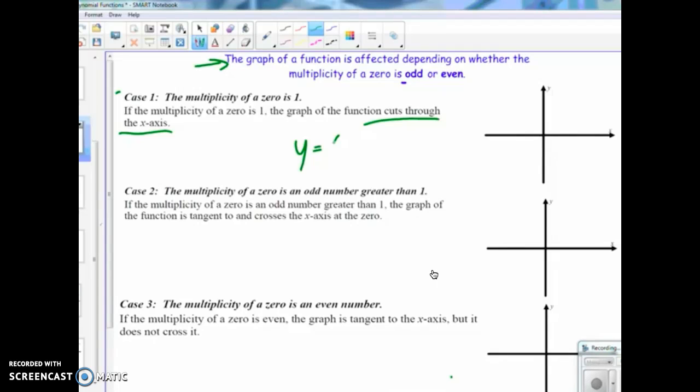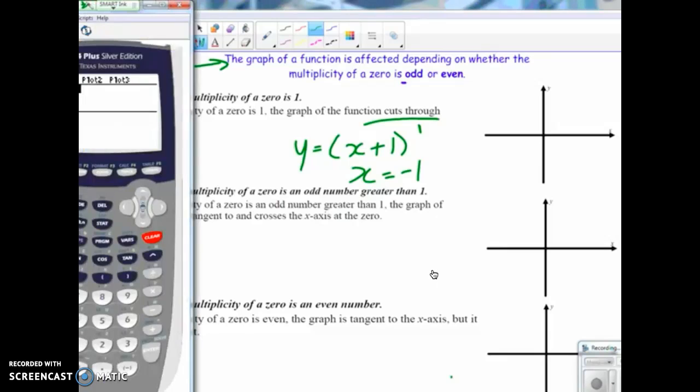So you can always start with a factor x plus 1. Since the zero is going to have a multiplicity of 1, the exponent on this factor is going to be positive 1. So we're actually going to graph a linear function here, y is equal to x plus 1, where the zero, or the x-intercept, is going to be at negative 1.